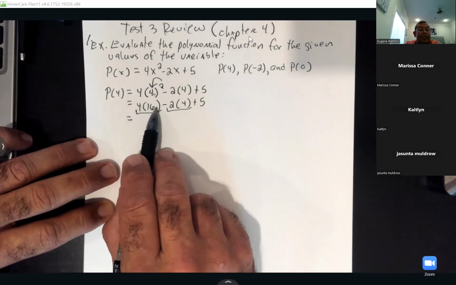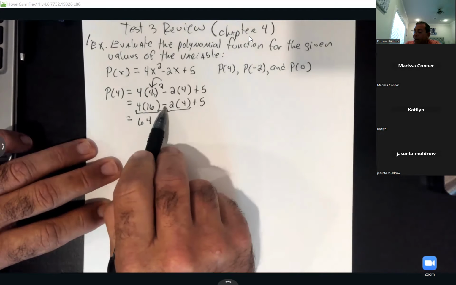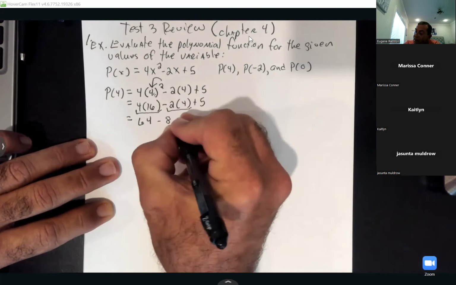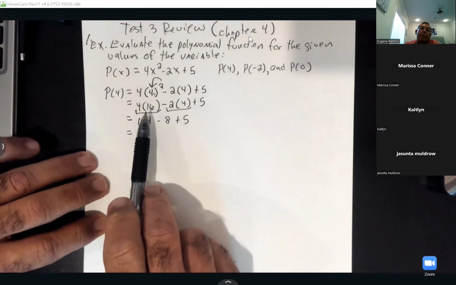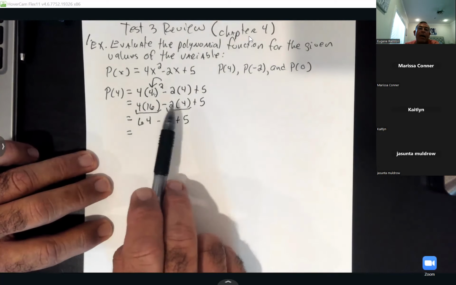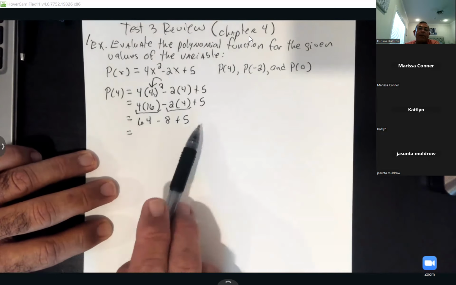So 4 times 16 gives me 64. Minus 2 times 4 is minus 8. And then bring down my plus 5. So I'm just following order of operations, exponent first, and then I multiplied everything I could left to right. Now add and subtract going left to right.